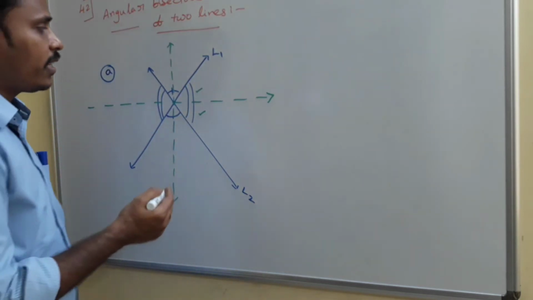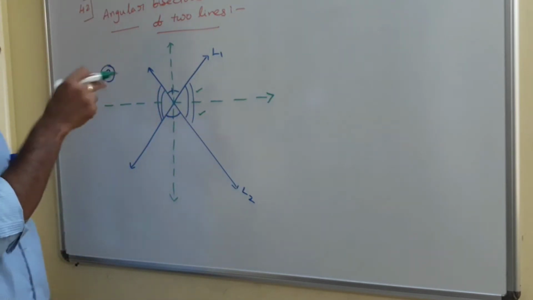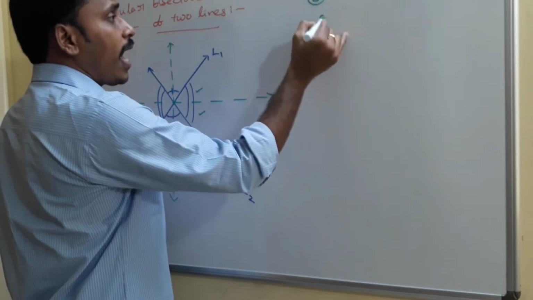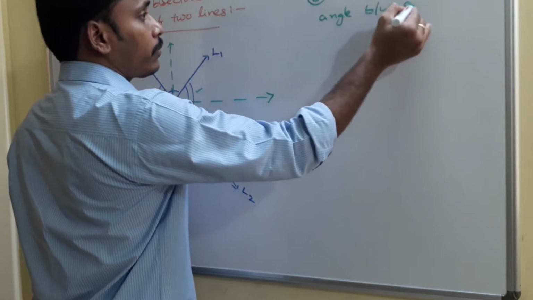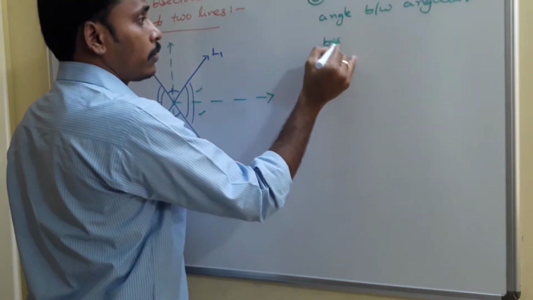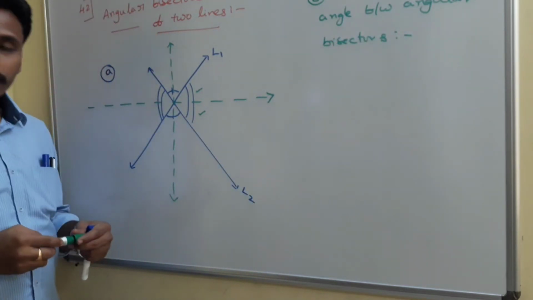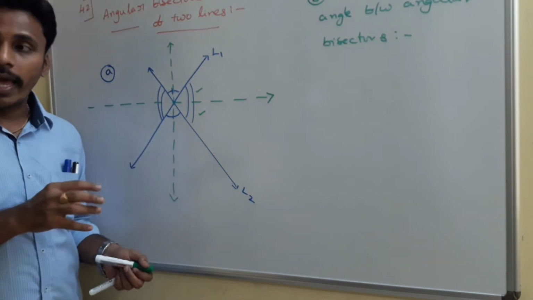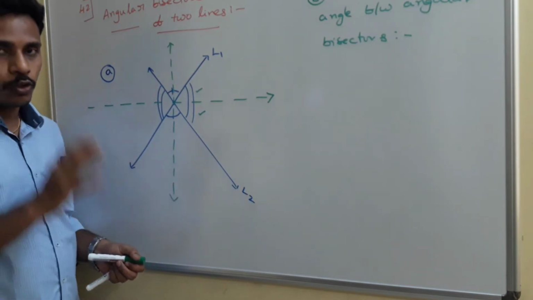The next idea is the angle between the angular bisectors. Once again, I am repeating: if two lines intersect, for sure four angles are formed, and among those four angles, one pair are equal and the other pair are also equal.